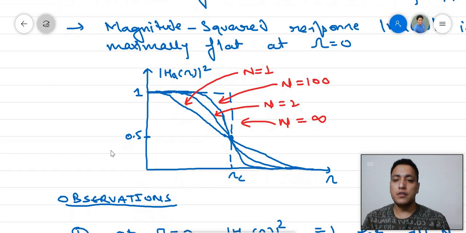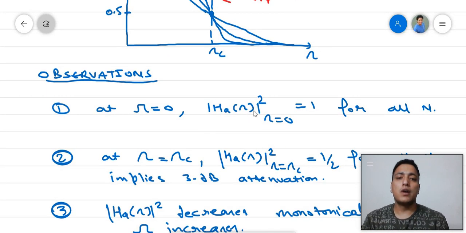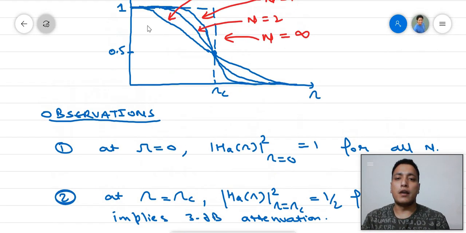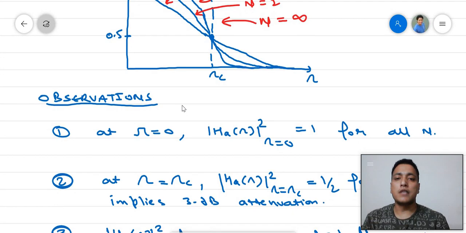The first one is that at omega equal to 0, |HA(omega)| squared equals 1 for all n. That means the value of the filter will be 1 irrespective of the value of n. Next, when omega is equal to omega c, the response will be equal to 1 by 2.